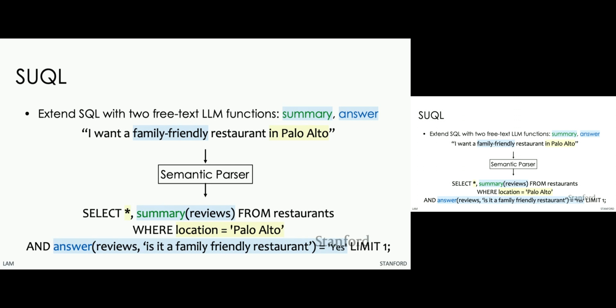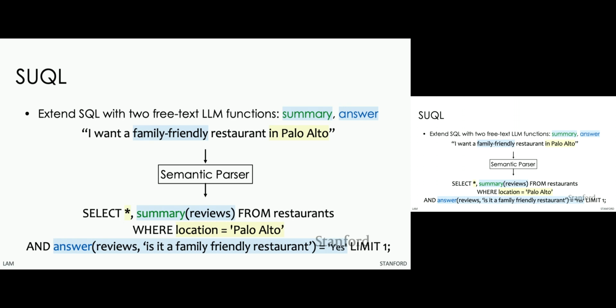You're asking for a family-friendly restaurant, so I take this question and ask it of the reviews, because I know the reviews have the free text in them. I call my free text Q&A routine with this question, and I get the answer. Here we say, is it a family-friendly restaurant? We want it to be yes.